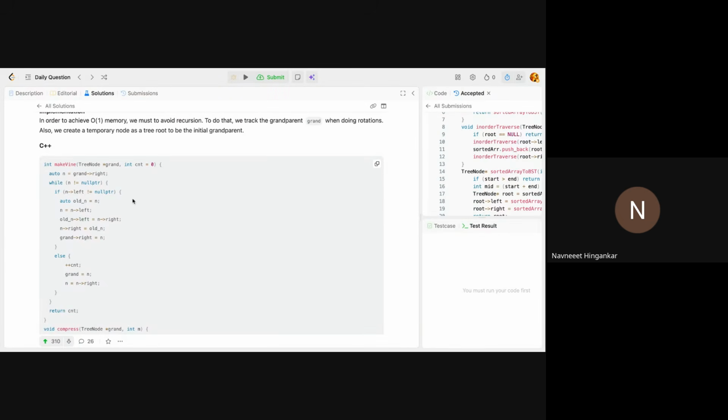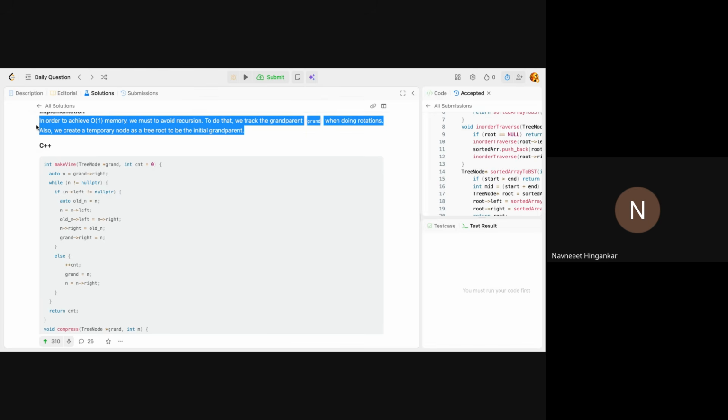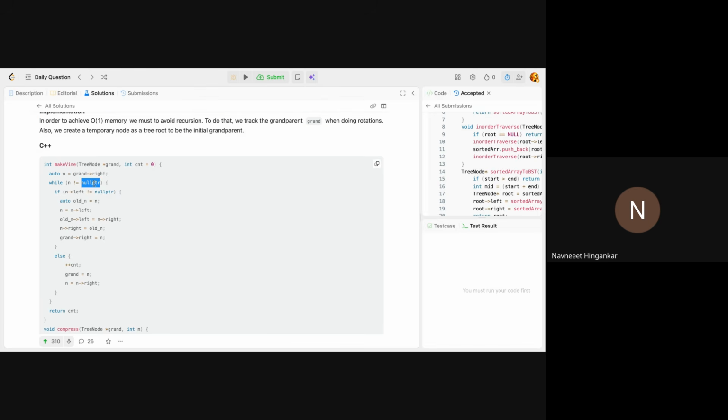We are just using a while loop, so it should be O of one memory. The O of one memory thing is very complex. I can imagine how to implement O of log memory, and that's easy to understand. But implementing it in O of one memory like this, going towards left, I guess.